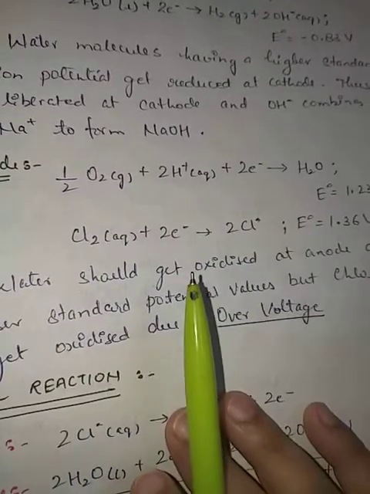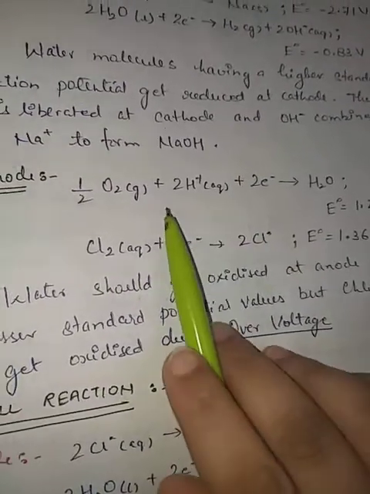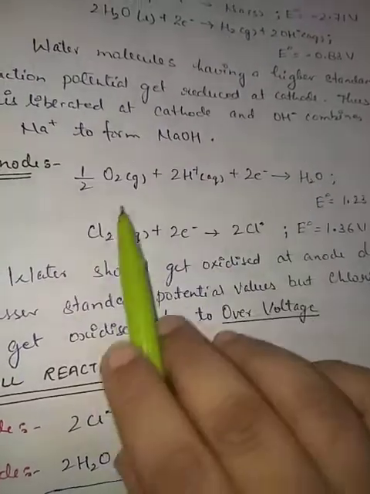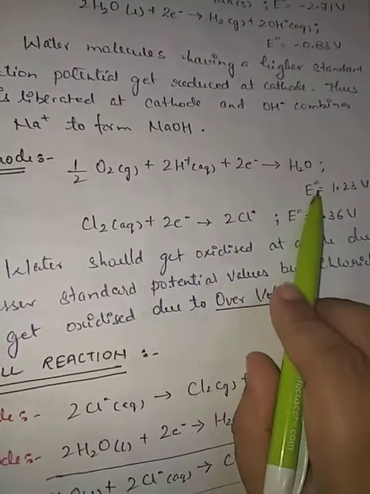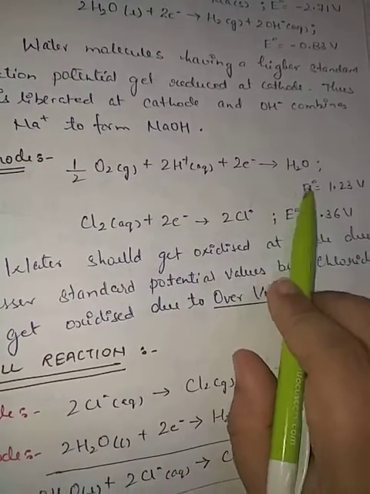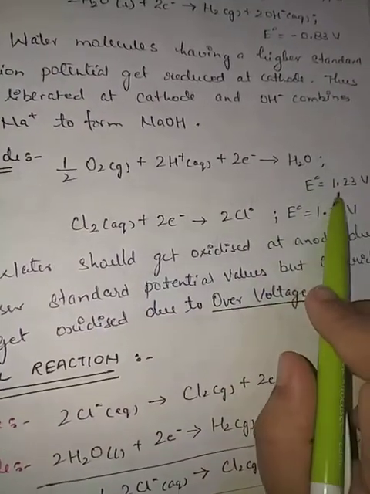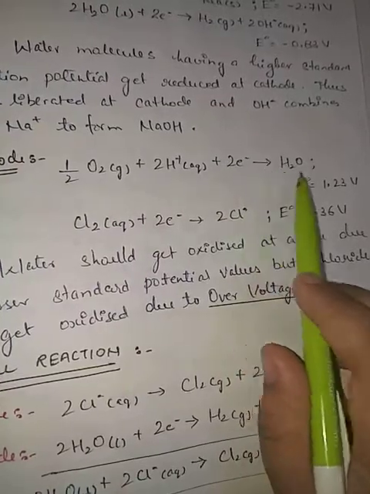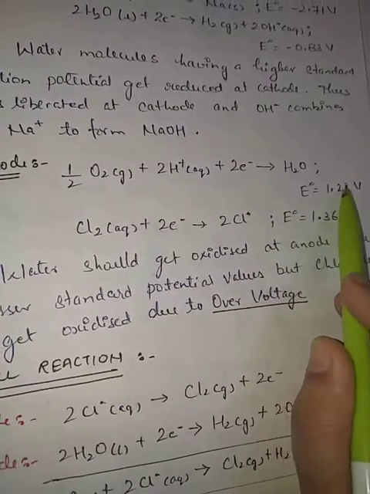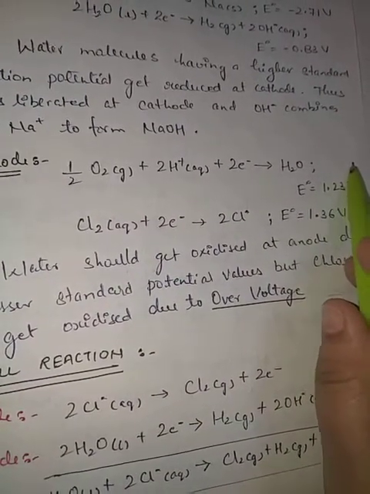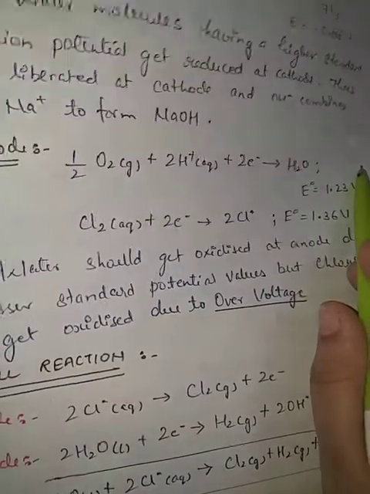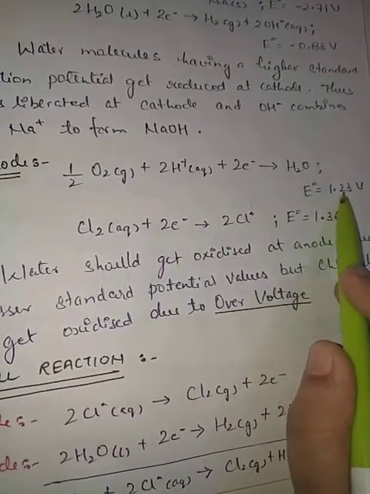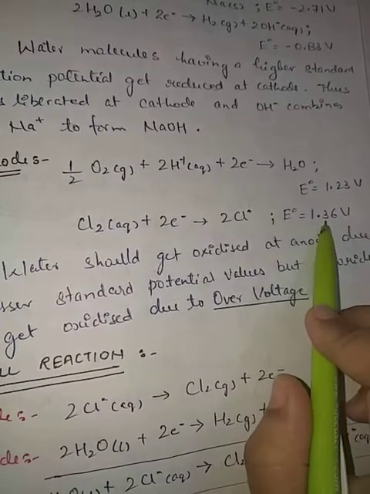That's why, see, this is against the rule. If we follow the rule, then water should be collected there, but it is against the rule. Since its collection needs 1.23 plus 0.25 extra voltage, if we add 0.25 here, it will be greater than this.